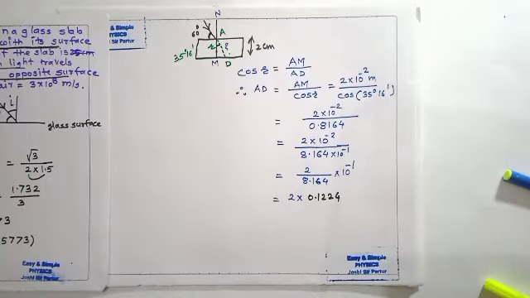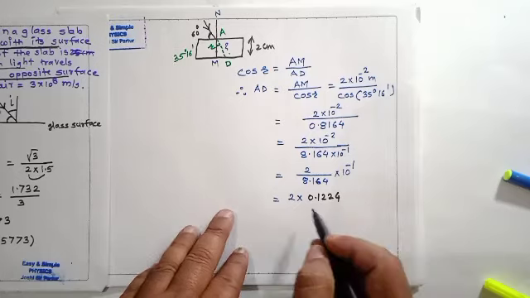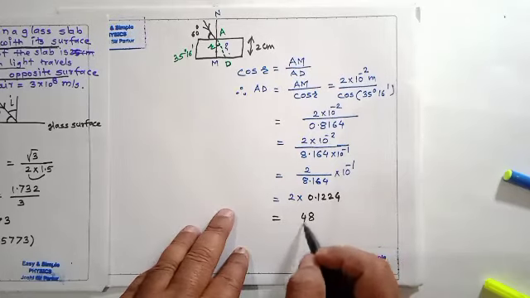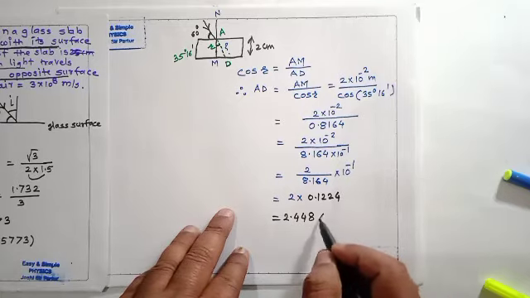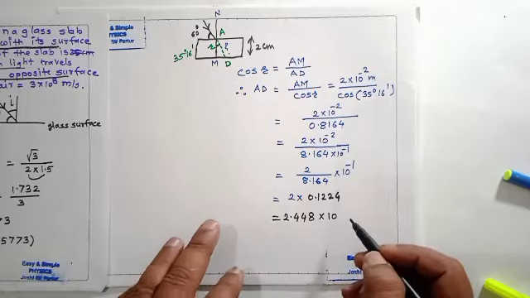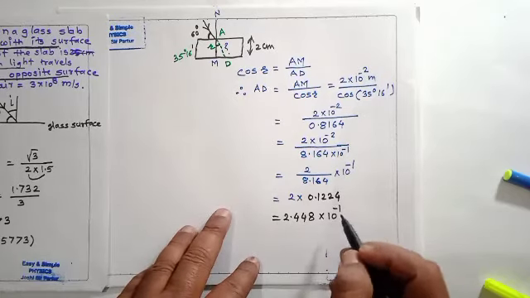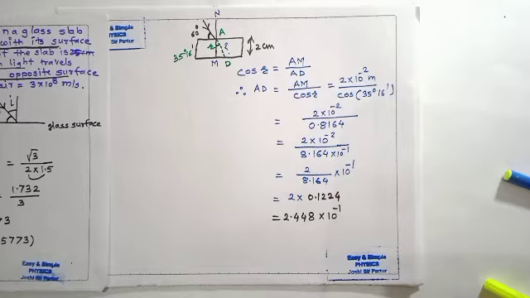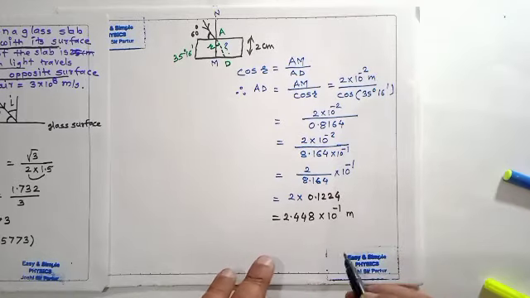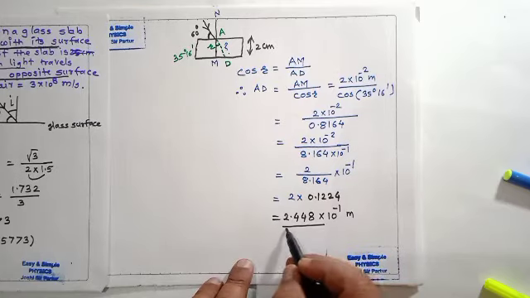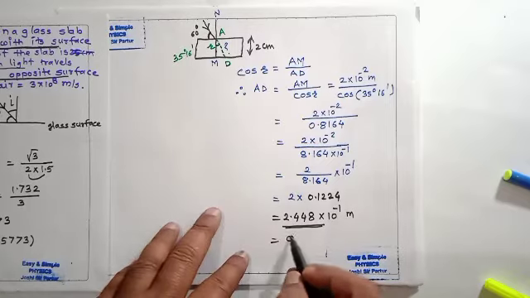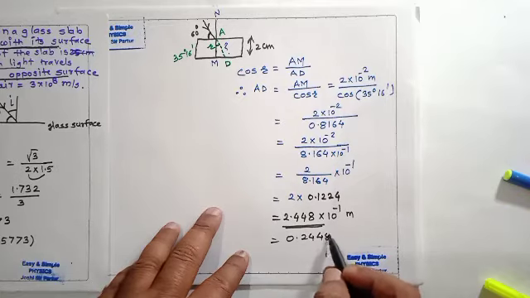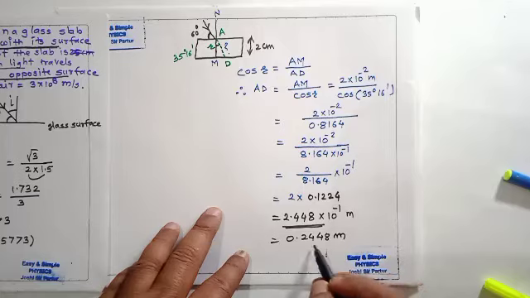If we multiply by 2, we get 2.448 into 10 to the power minus 1. So here, since it is in meter, your answer will be 2.448 into 10 raised to minus 1, or 0.2448 meter.